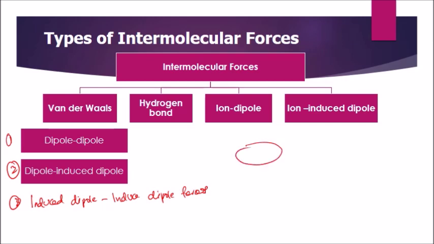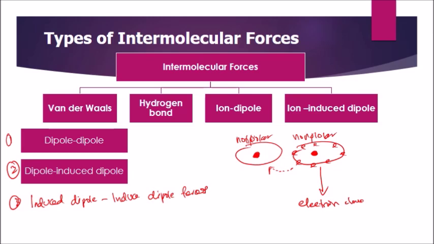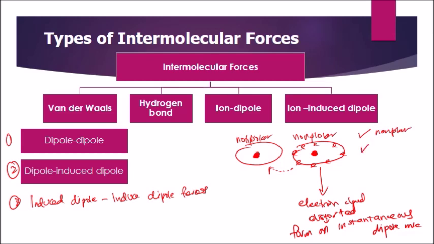When you have two non-polar molecules that are close to each other, the nucleus of one molecule could attract the electron of the other molecule, and this causes the electron cloud to be distorted and form an instantaneous dipole molecule. So the key point for these forces is two non-polar molecules close to each other causing distortion of the electron cloud.